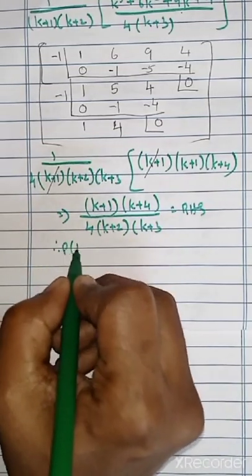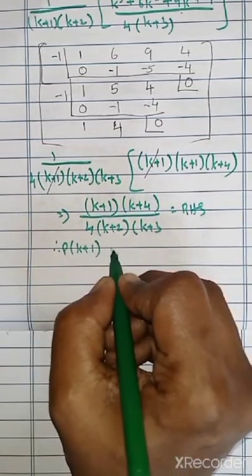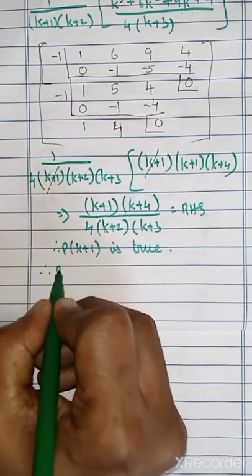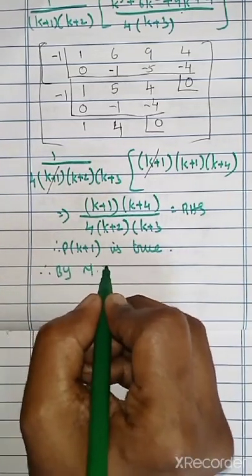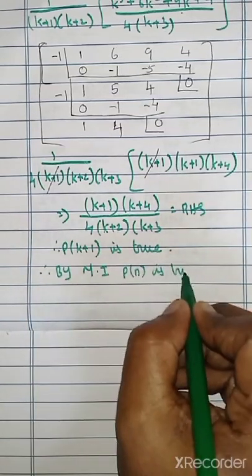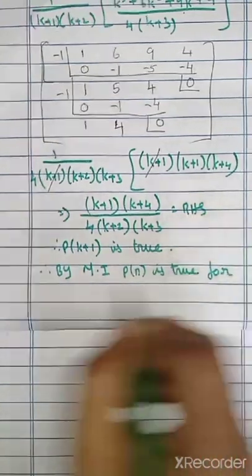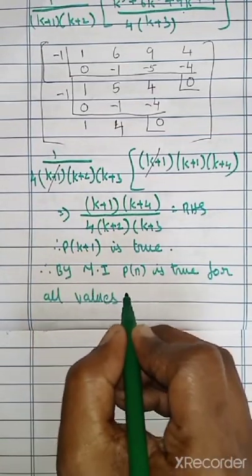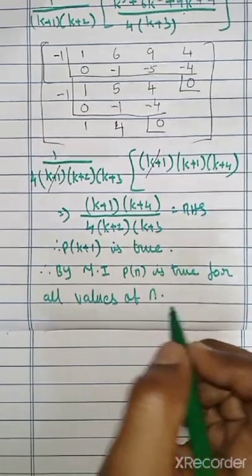Therefore, P of k plus 1 is true. Therefore, by mathematical induction, P of n is true for all values of n.